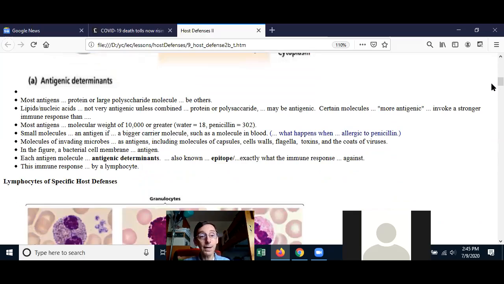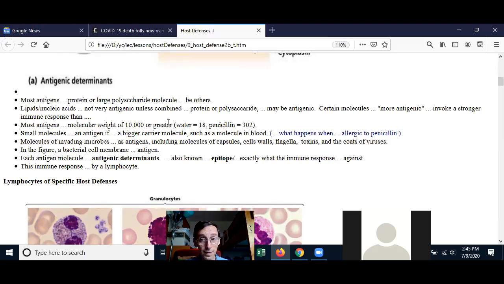Lipids and nucleic acids are not very antigenic unless they're combined with a protein or a polysaccharide to make them more antigenic. So lipids and nucleic acids can be an antigen, but they're not very antigenic. I'll talk about what I mean by more antigenic.